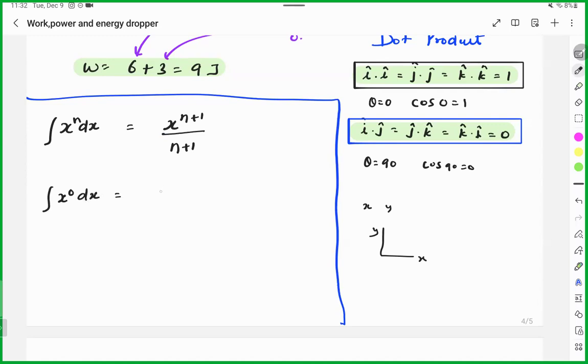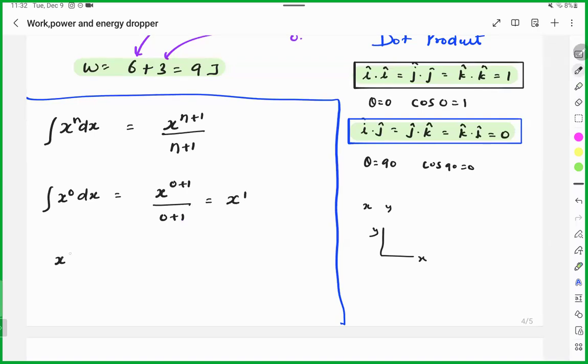For example, if you have x raised to power 0 with respect to dx, then what will be the answer? x to the 0 plus 1, and 0 plus 1 is 1. Here it is 1, and the denominator will be 1, so no need to write. So you can say, if anything has power 0, it becomes 1.